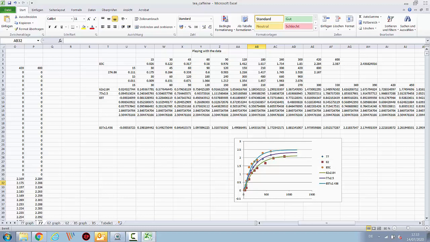Because that happens to look good, it means that the shift is constant, which means that if we take this tea and we make it more concentrated and dilute it, we don't actually get anything different.